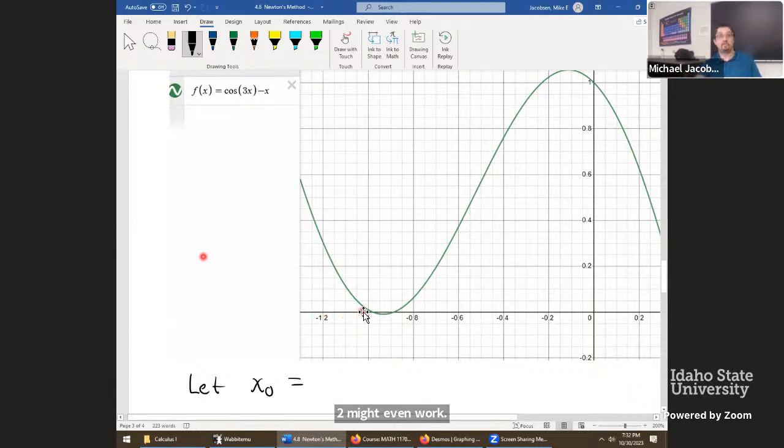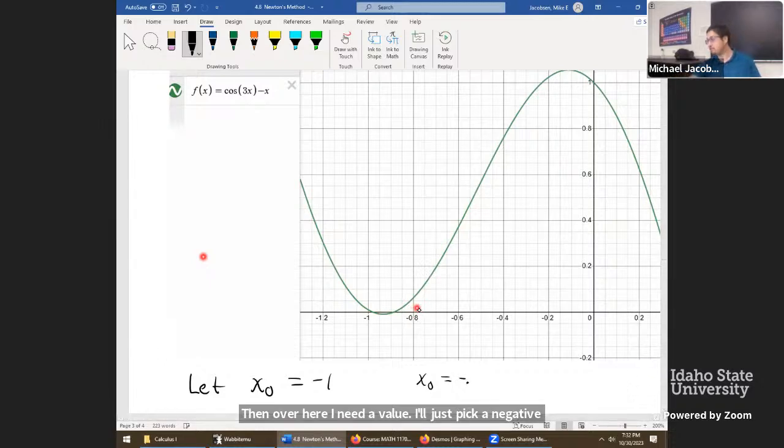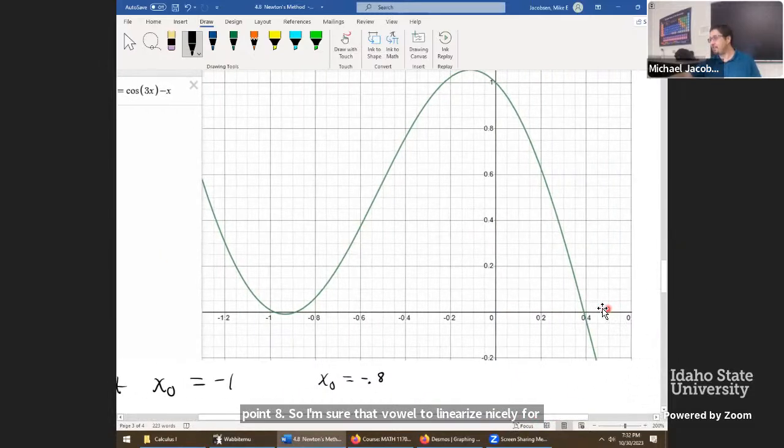But if you pick -1, you might not have to click the enter key on your calculator 30 times if you pick something far, far away. So I'll start with a -1 on this one. Then over here, I need a value. I'll just pick a -0.8. So I'm sure that ought to linearize nicely for us. Then down over here, let's pick, say, 0.4.